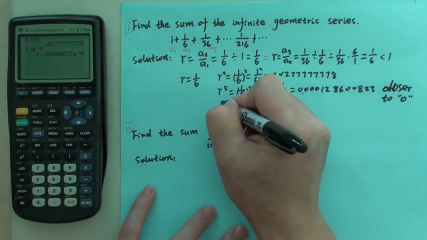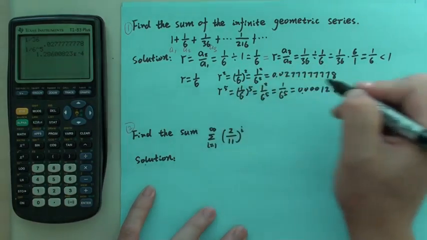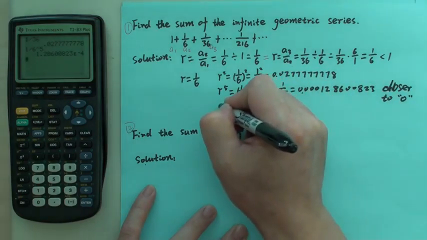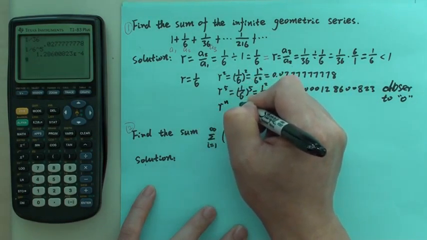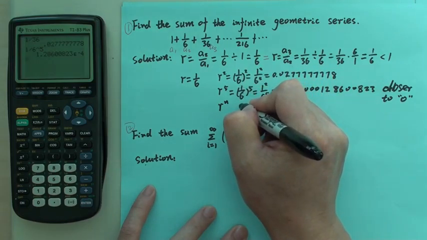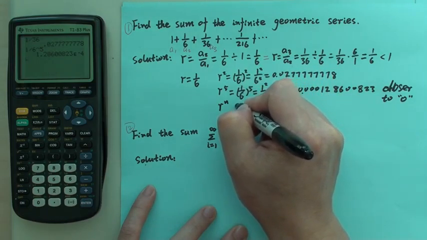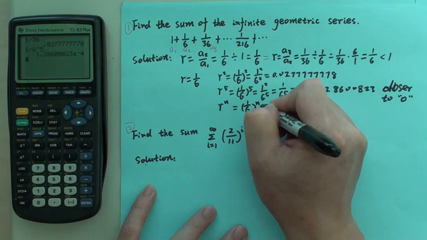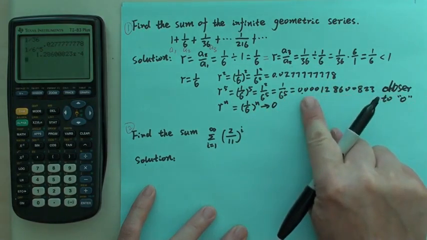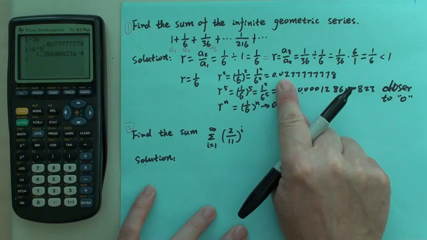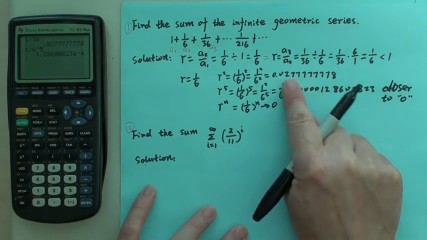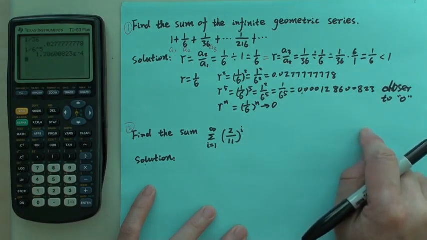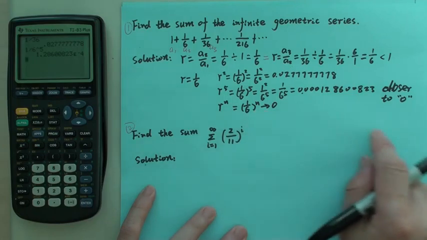So basically, I want to know that r to the n, here 1/6 to the n, goes to 0 because it's very close to 0. This one is bigger, this one is smaller, and you can see this number is getting closer to 0. This is what I want to tell you.